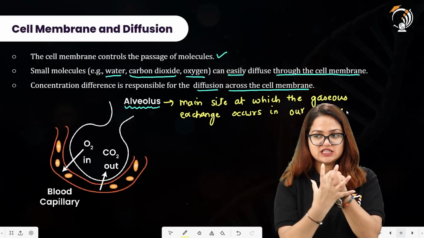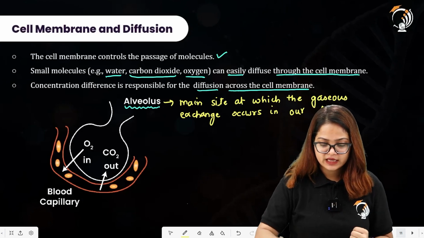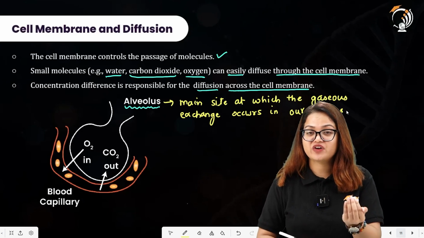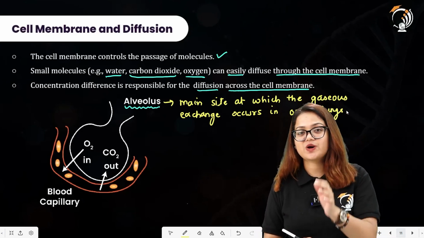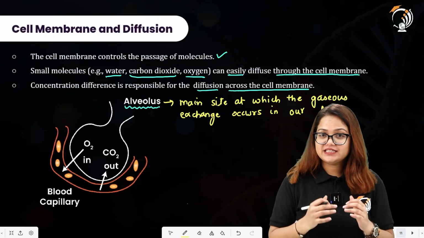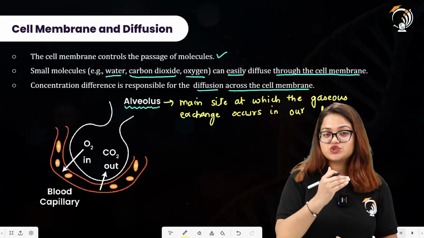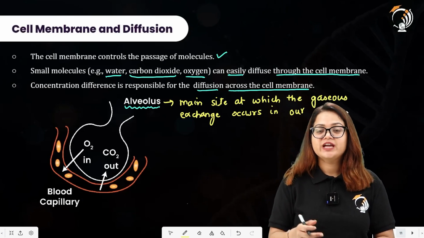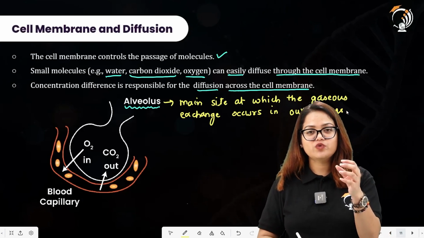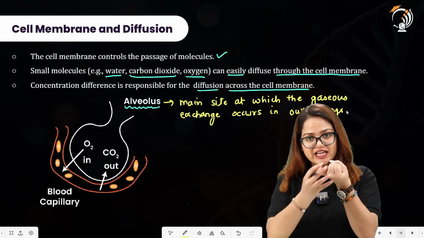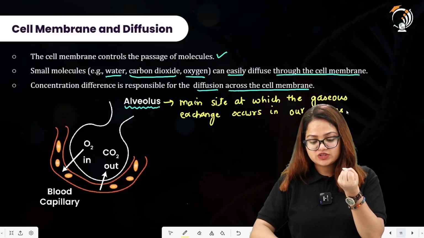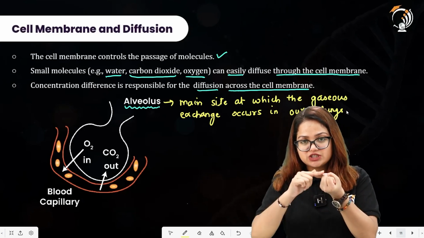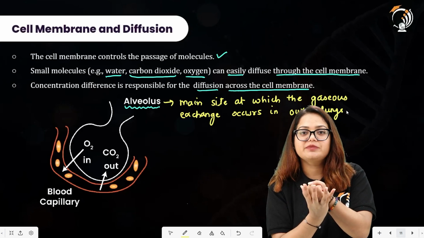The alveolus has a high concentration of oxygen and a lower concentration of carbon dioxide when compared to the blood coming into the capillaries surrounding it. So what will happen? The oxygen will move from the alveolus into the blood capillaries surrounding it. All right, so there will be a net movement of oxygen from the alveolus into the blood capillaries.